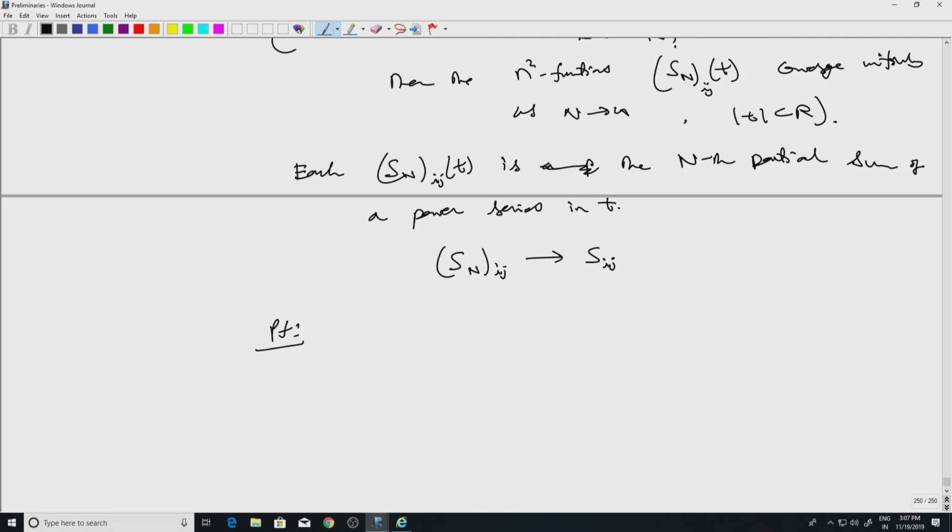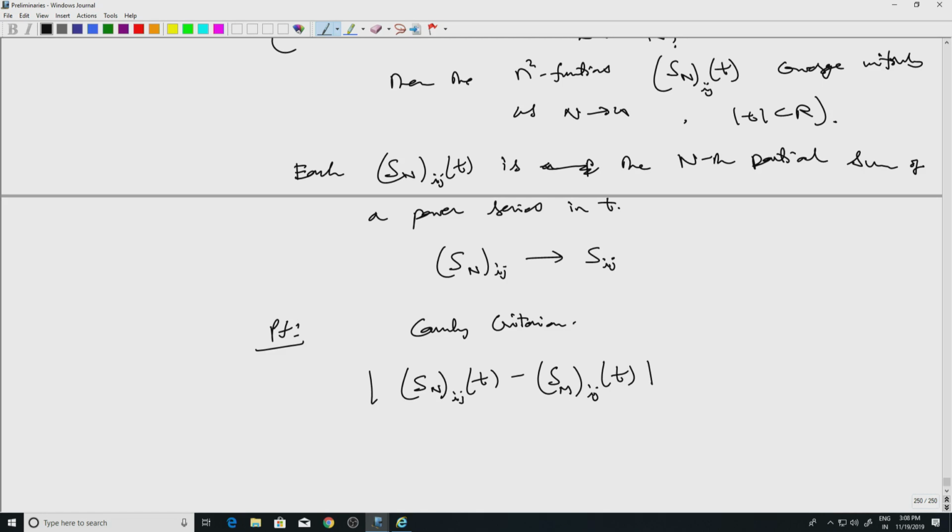We just use the Cauchy criterion. In other words, we estimate Sn ij(t) minus Sm ij(t), and let's estimate the size of this.